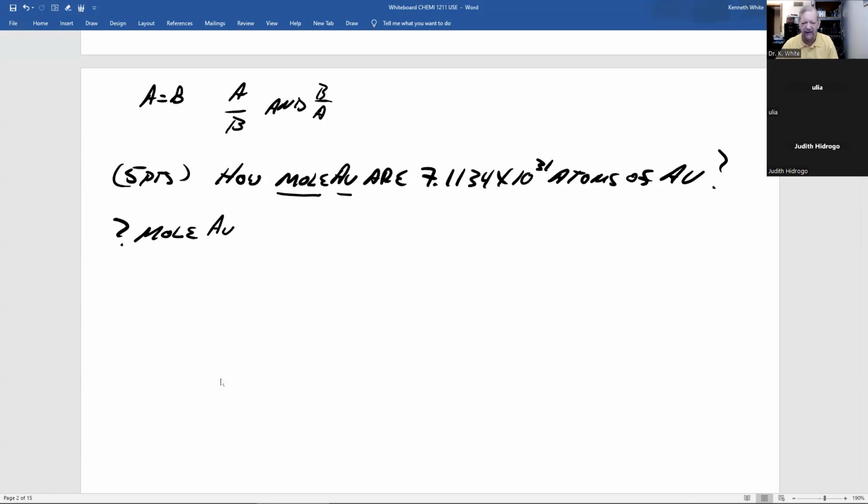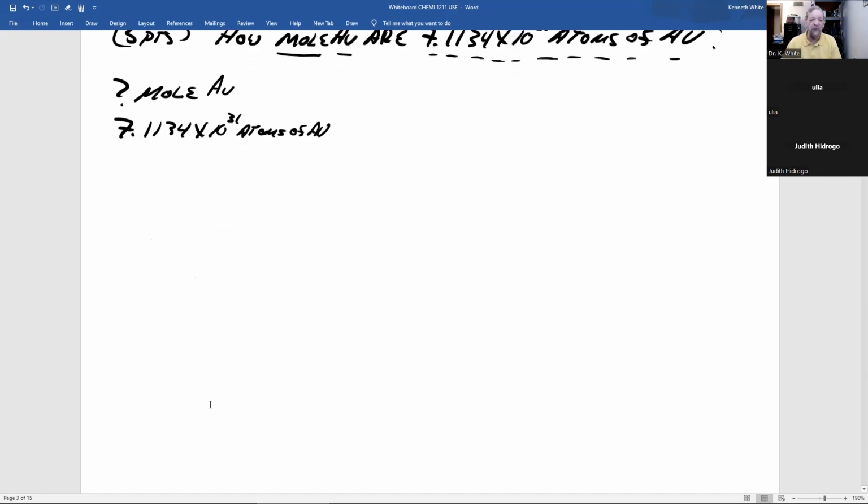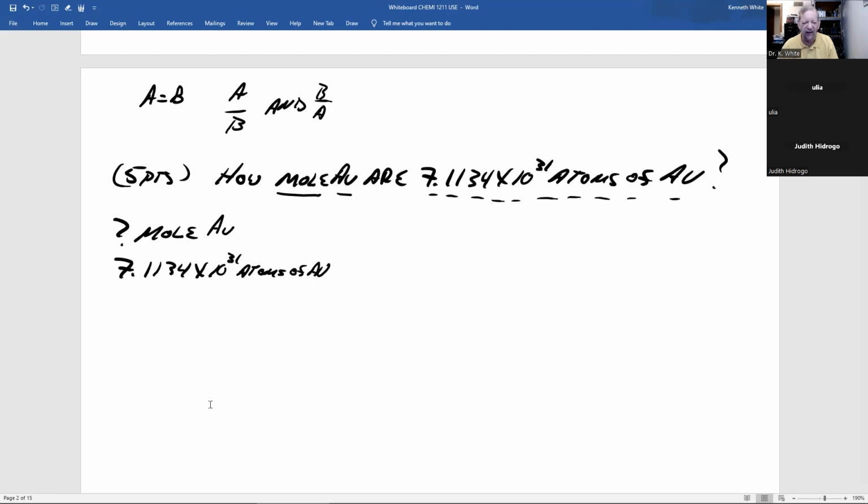Next, what are we given? We have 7.1134 times 10 to the 31st atoms of gold. Well, that's all. Once we've read this and done this, we never have to look at the problem again, because this is all I need to solve it.